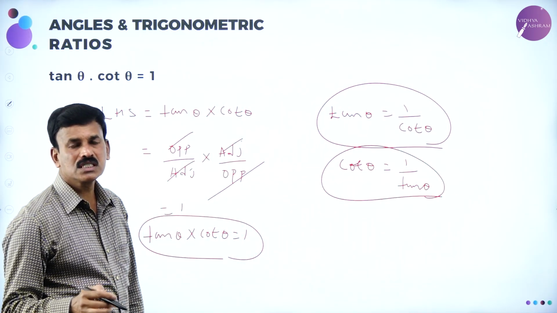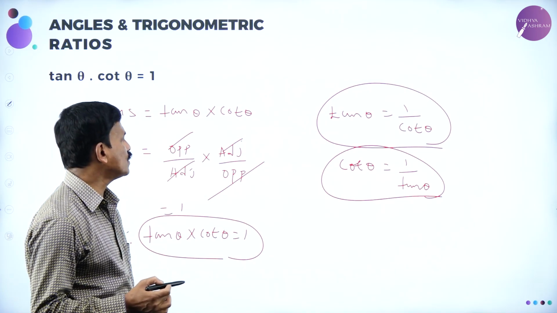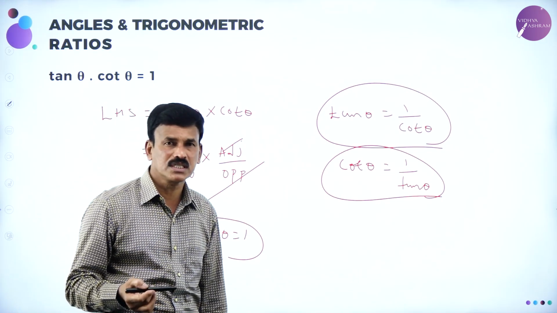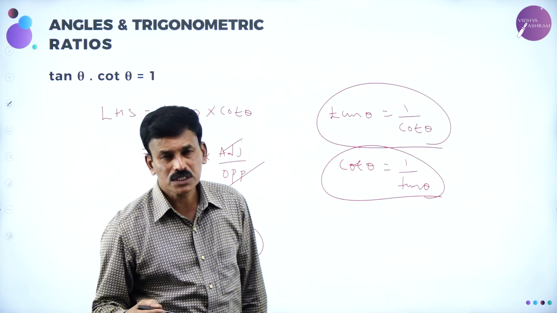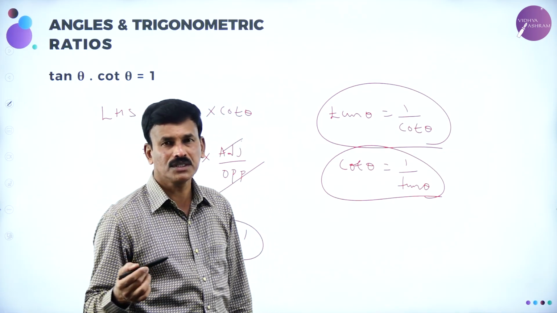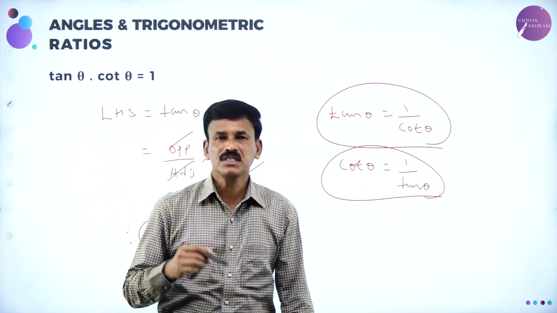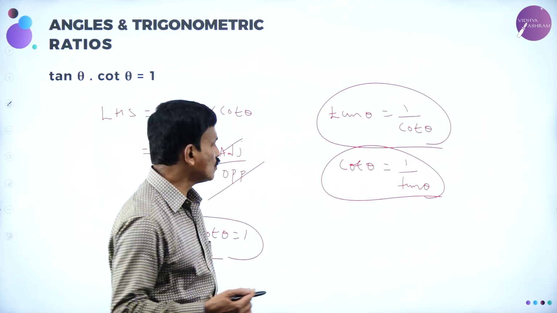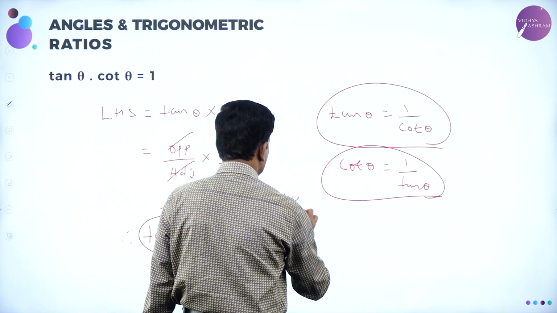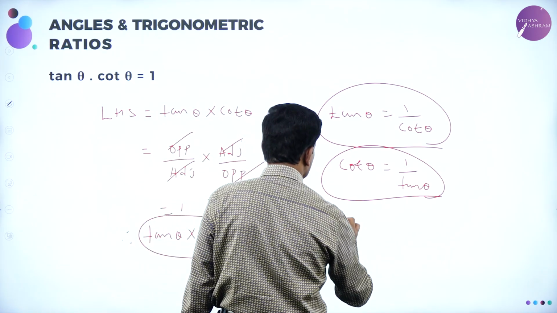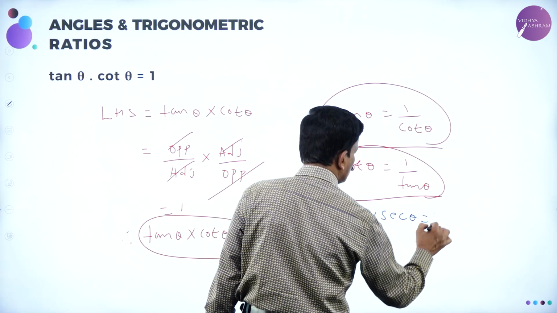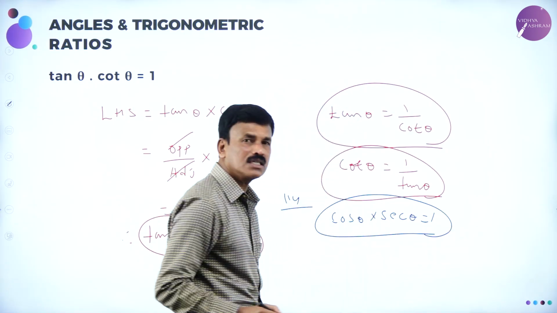So if you reciprocate tan, you will get cot, or if you reciprocate cot theta, you will get tan theta. So the first one is sin theta into cosecant theta is 1, second one is tan theta into cot theta. Similarly, one more relation we have, that is cos theta into secant theta, which is also equal to 1.